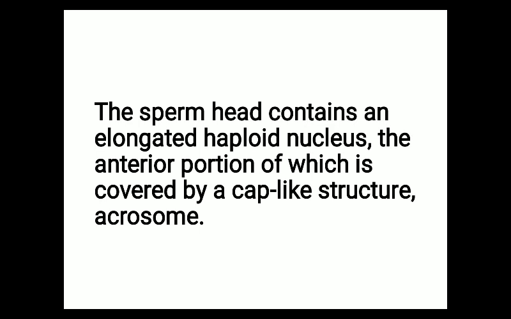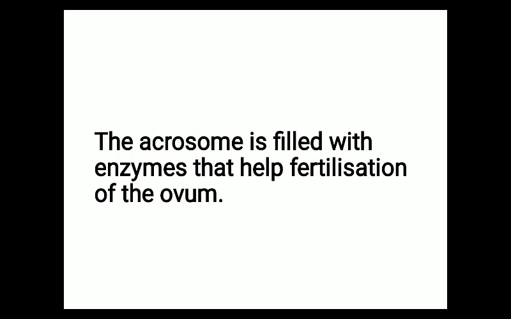On the other hand, human females are homogamete, and they will produce only one type of gamete, containing the autosomes plus the X chromosome. Now, this acrosome is filled with enzymes that help in fertilization of the ovum.